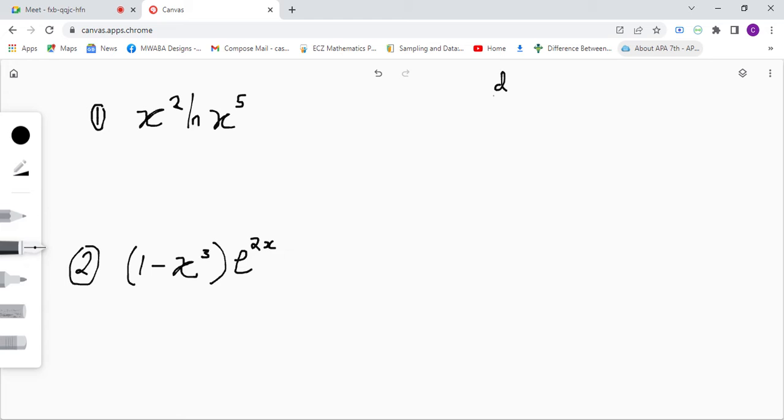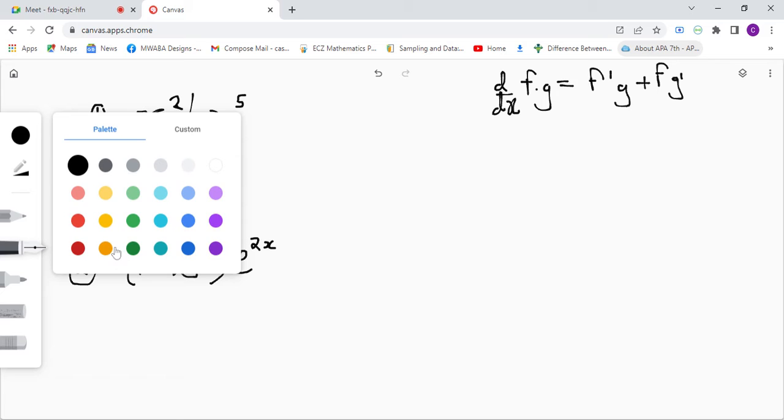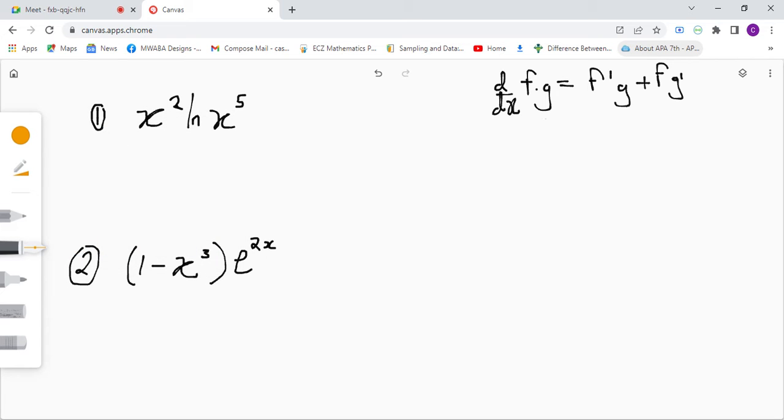If you remember the product rule, d/dx of f times g gives us f prime times g plus f times g prime. So we're going to pick our f and our g. Our f is x squared.